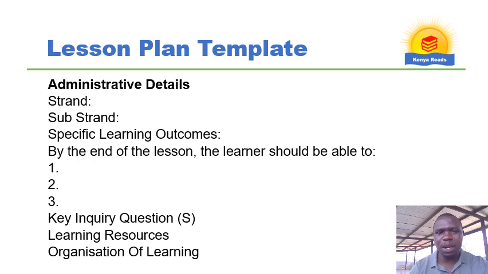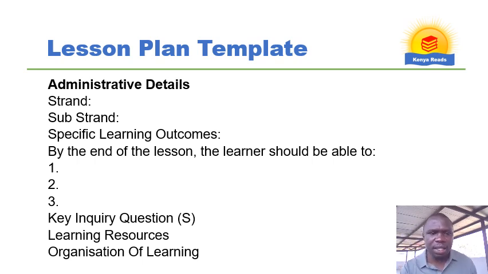Your learning outcomes should not be one. They should be at least three. And it's not tied to three. You can even have six. But the thing is, are they achievable? The learning outcomes must be SMART, specific. They should be measurable. Can you measure them? They should be attainable or achievable.